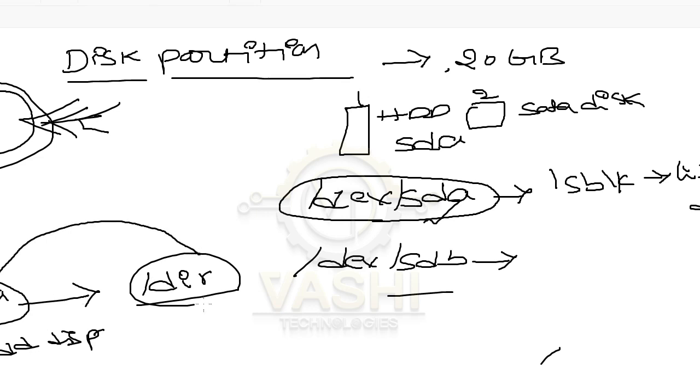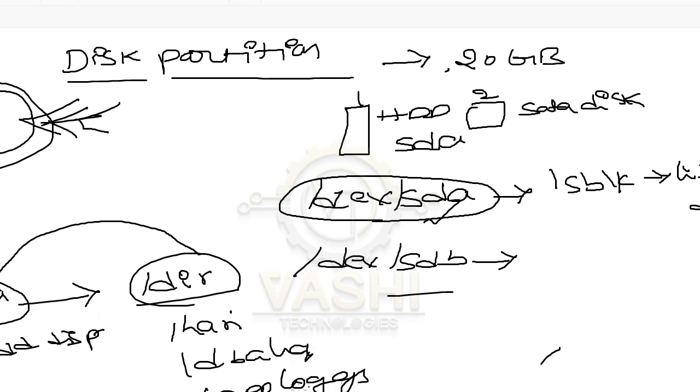You want to give it to something like slash app logs or DBA logs. I'm taking another 20 GB for SDB. SDB will be attached to the app log. Now the app log directory has the 20 GB.